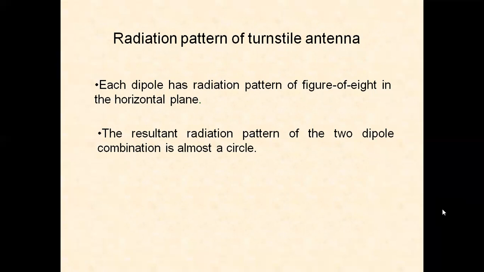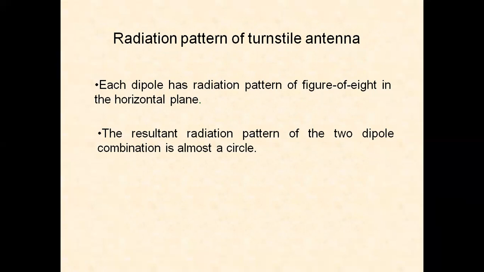Then if we take the resultant of these two waves, we get almost a circular radiation pattern. That is the reason the turnstile antenna, which is a combination of two dipoles, is designed to give an omnidirectional radiation pattern in the horizontal plane with horizontal polarization.